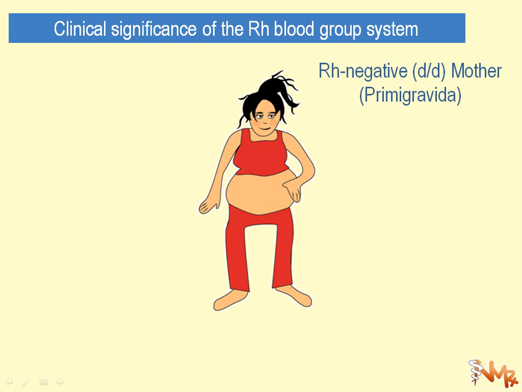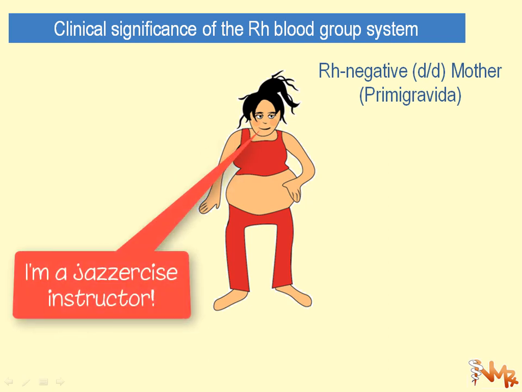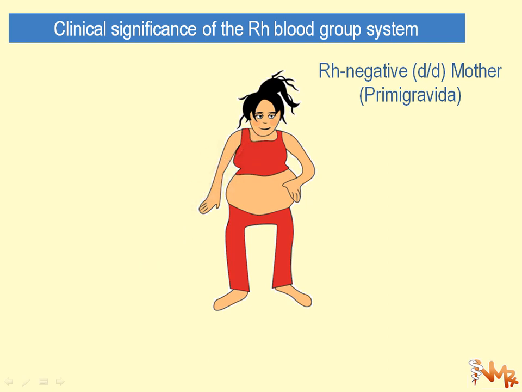To give you a mnemonic to remember all of these and look at the clinical significance of the Rh blood group system, I'm showing a mother who is Rh negative, meaning that she's homozygous for small letter d, and she's primigravida, meaning that this is her first pregnancy.